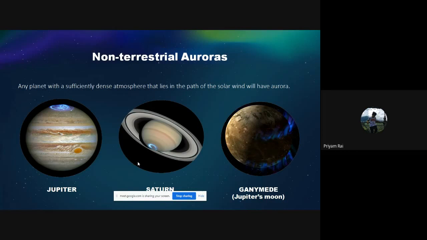And auroras can also be seen in Jupiter's moon, which is Ganymede, which is the largest moon in our solar system, and it's the only moon with its own magnetic field. So it's the only moon where auroras are observed.